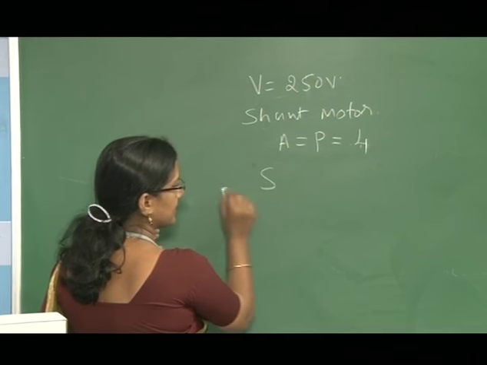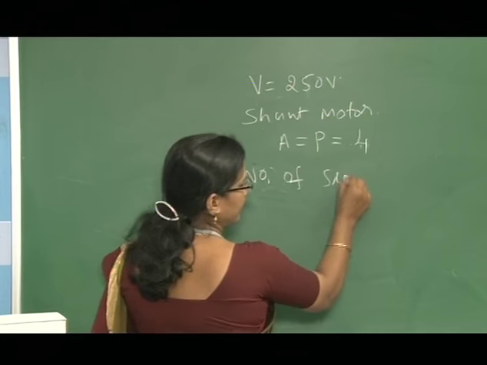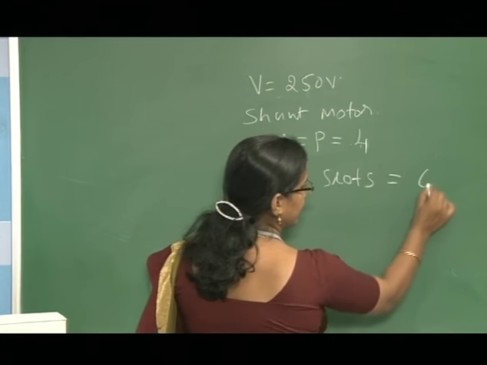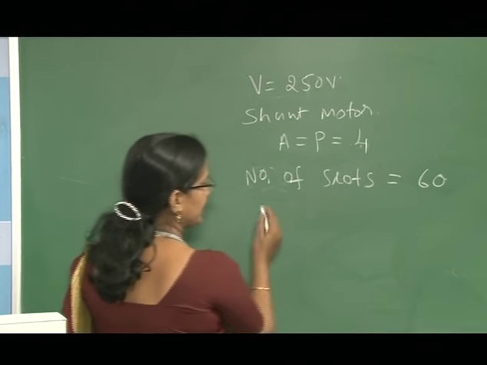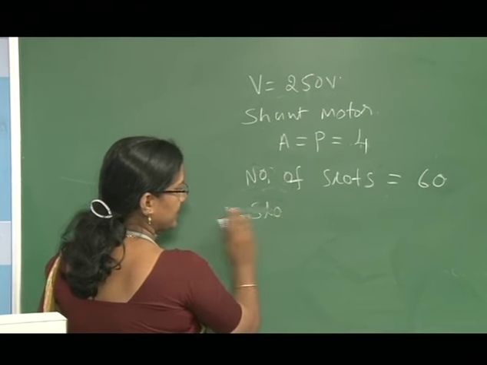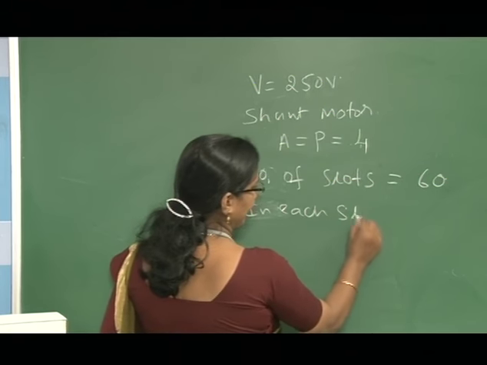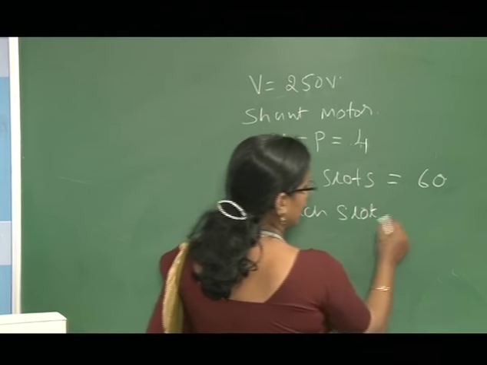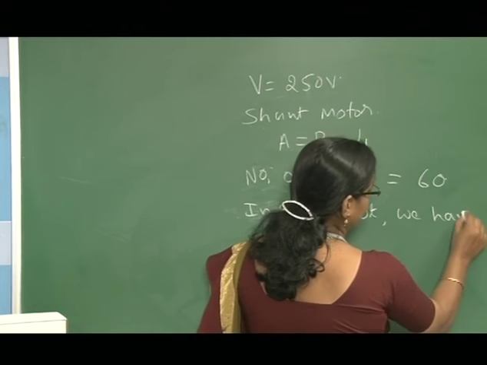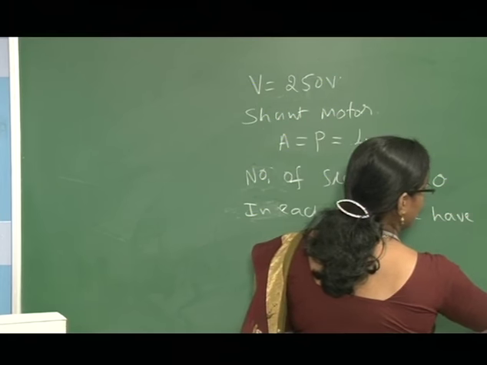The number of slots mentioned in the problem is 60. In each slot we have 20 conductors.